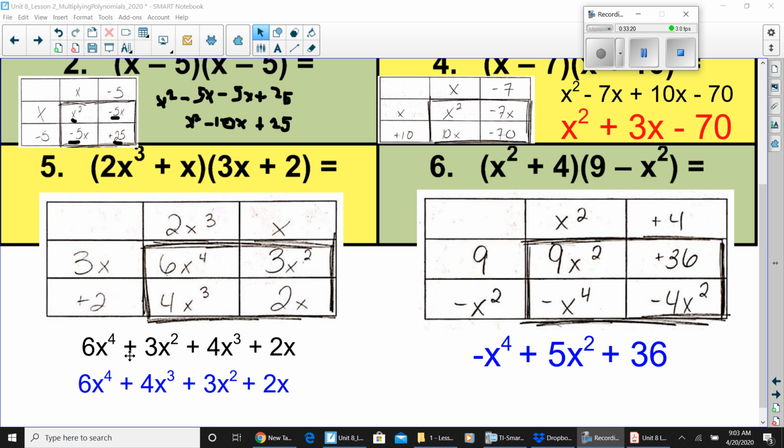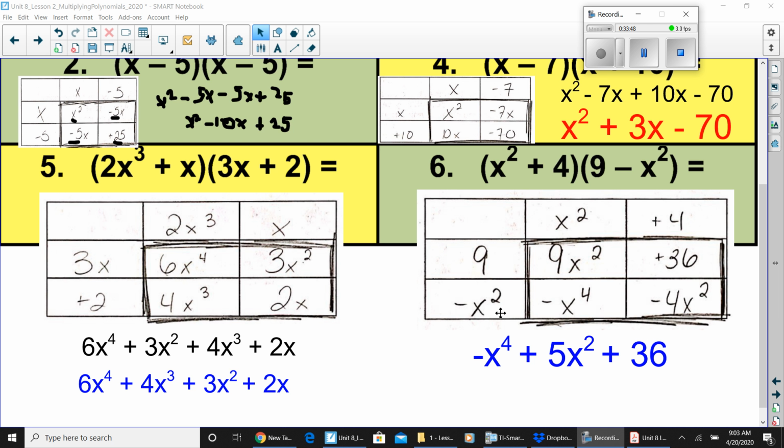So I'm going to have to move, because standard form says that, remember, the largest exponent should be first, and the second largest should be second. So I just move this 4x to the third in front, and I have 4x to the third plus 3x squared plus 2x. And this one right here, you can see 9 times x squared is 9x squared. 9 times 4 is 36.